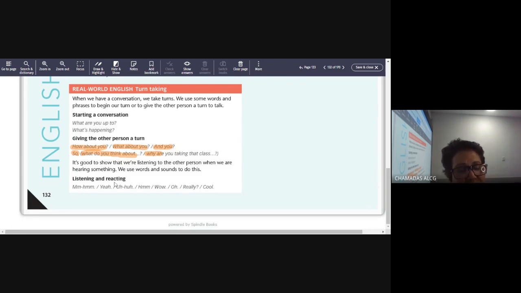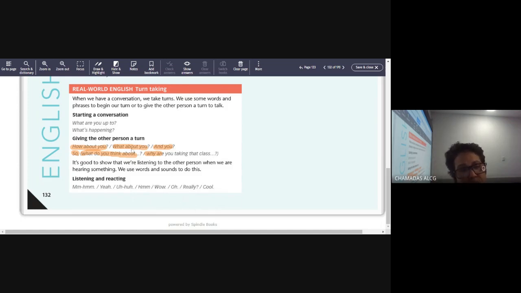Tem o yeah, wow, oh, really? Cool. Então, a palavrinha cool significa legal. Então, são algumas reações que a gente vai tendo ao longo da conversa.